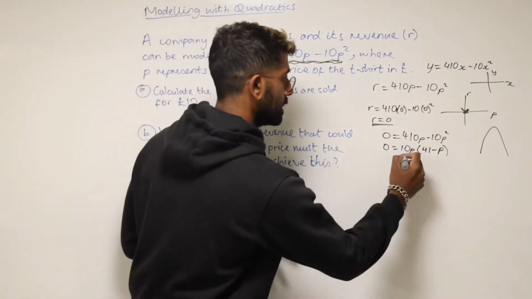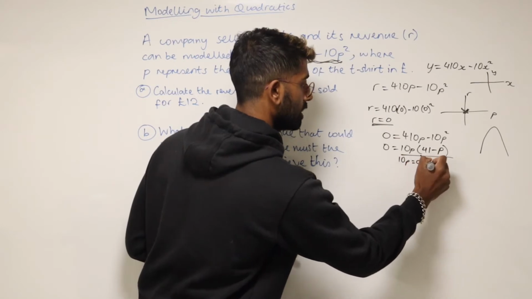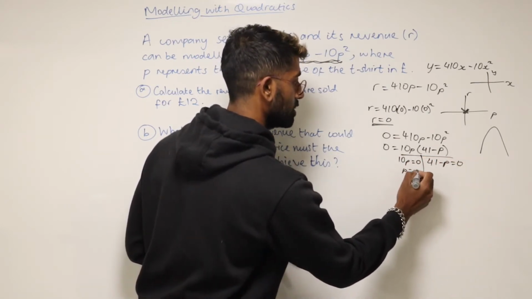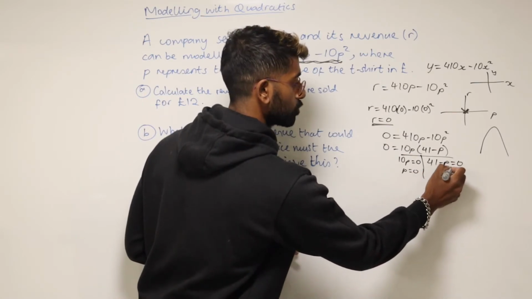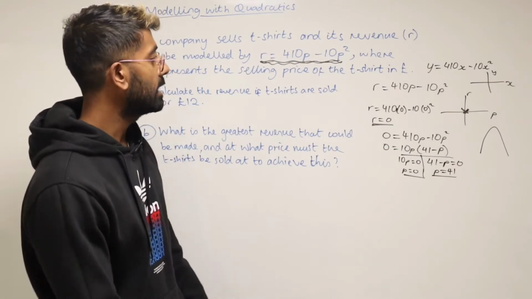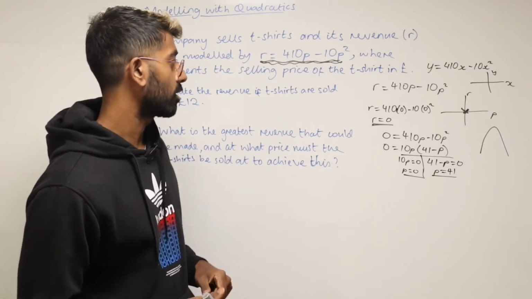Now we set each factor equal to 0. So 10p equals 0 and 41 minus p equals 0. So p is equal to 0 and p is equal to 41. There we go. So you've got the two places where it crosses the axis, and the last thing we need is the turning point of our graph.